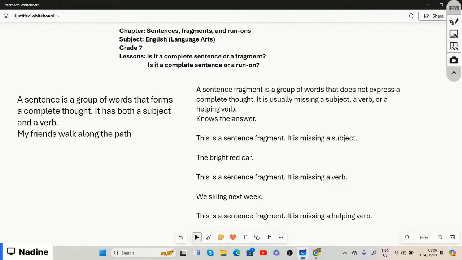All right. So basically, a sentence is a group of words that forms a complete thought.